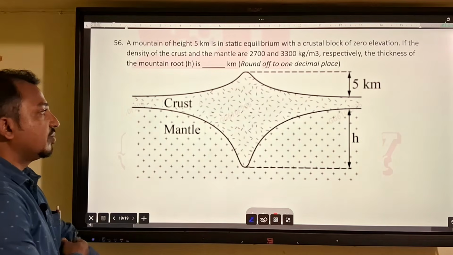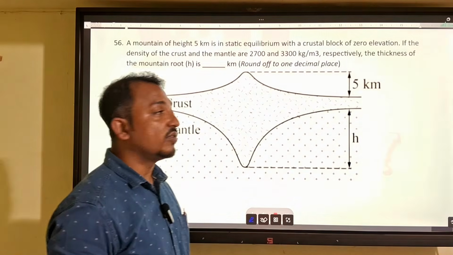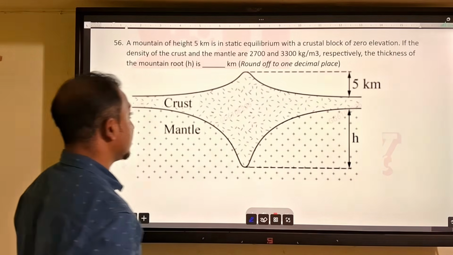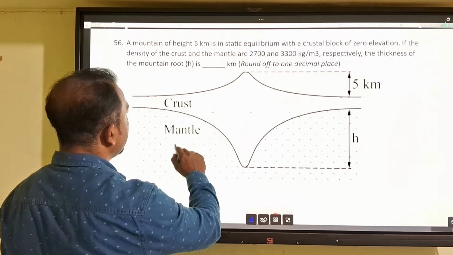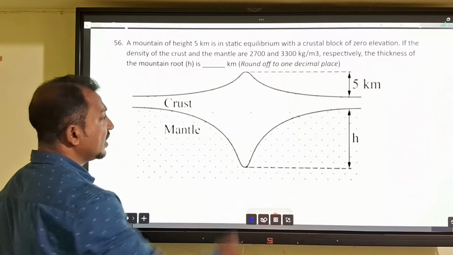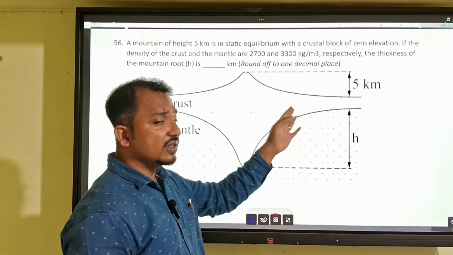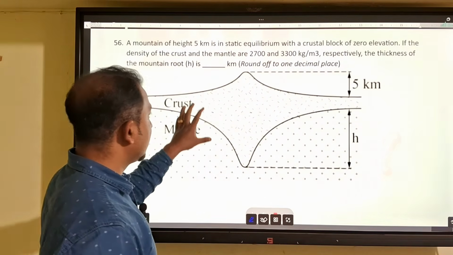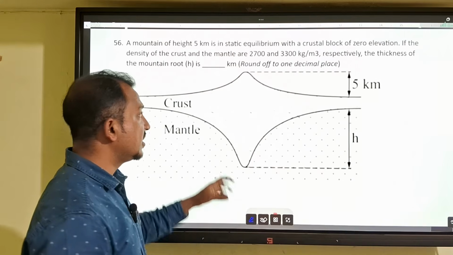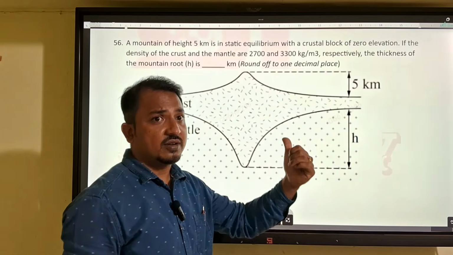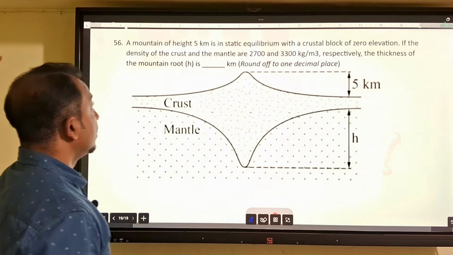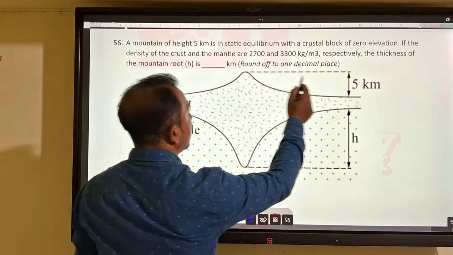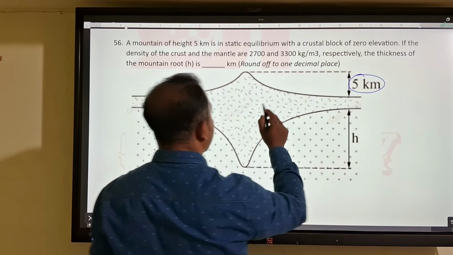So that is from your Airy's hypothesis, that is isostasy. So you have crust and mantle, and from this diagram you can see the crust has a similar density. All the crustal part has similar density, but they have different thickness. So that refers to Airy's hypothesis. This is the mountain, the height is given as 5 kilometer.